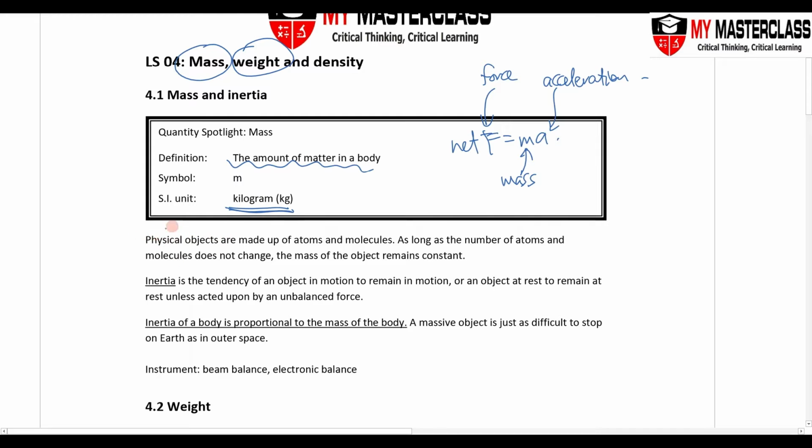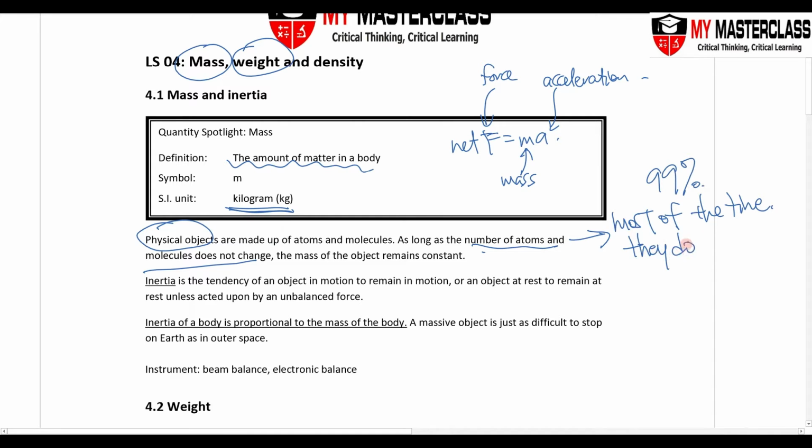So physical objects that you can touch are obviously made out of atoms and molecules and ions and whatnots. So as long as the number of atoms and molecules do not change, the mass remains constant. Most of the time, by most of the time, I mean 99% of the time, they do not change. Which basically tells you what?